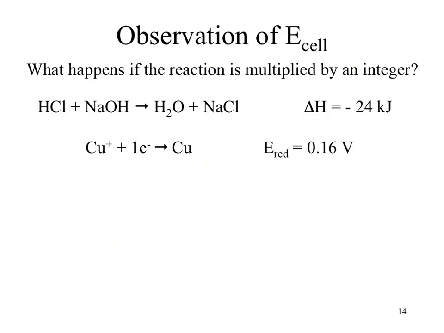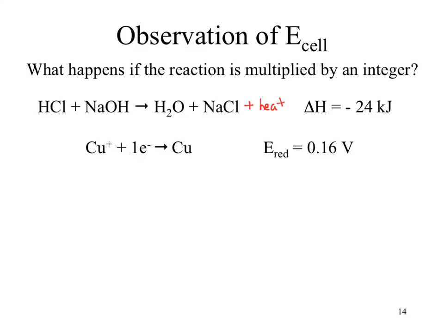So when we looked at enthalpy, if we multiplied by 2, what happened? We ran that reaction twice, so if we had a negative delta H, what does that mean? The reaction was exothermic and heat was released, so it would be a product.